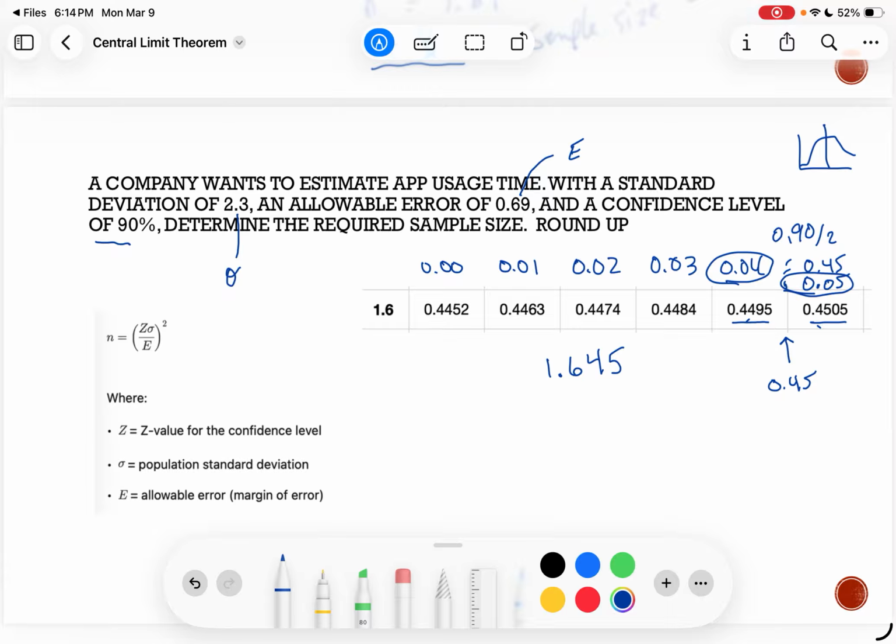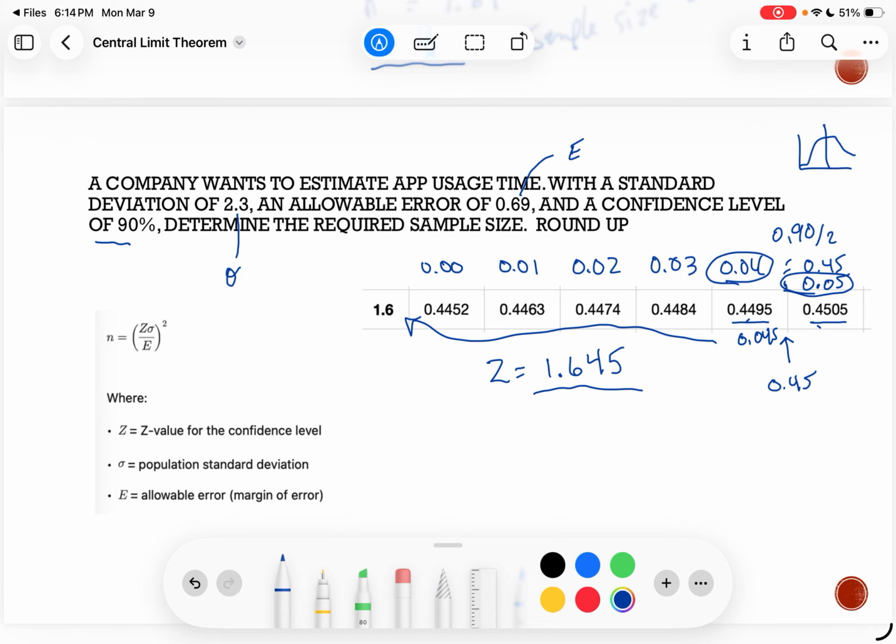So it looks like it should be 0.045. Add that to the 1.6 and we get 1.645. That's our z-score. Again, we're just using the z-table in reverse of what we did last class. Now we have everything we need for the formula.